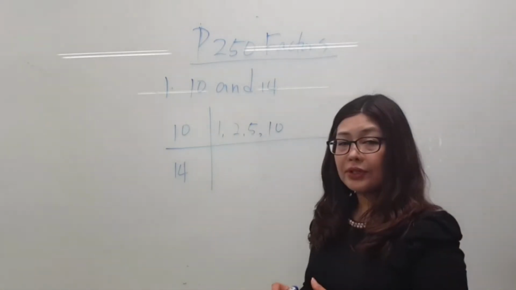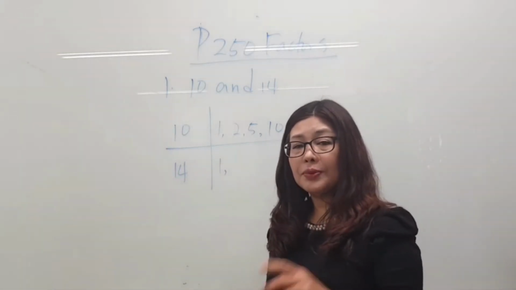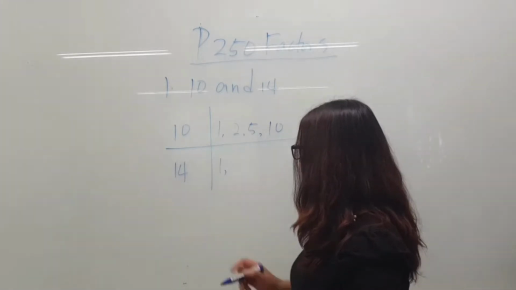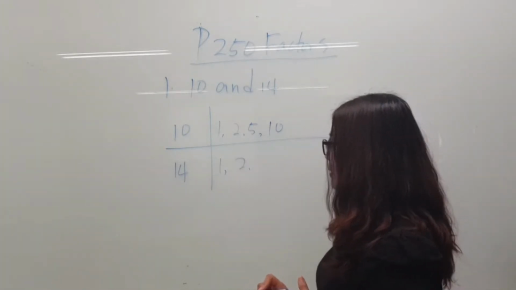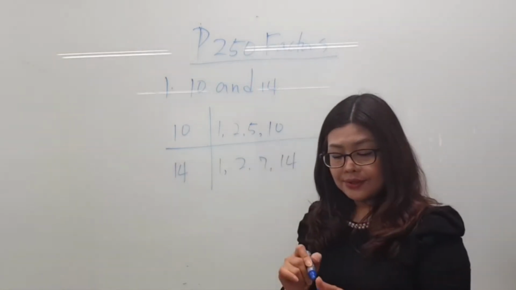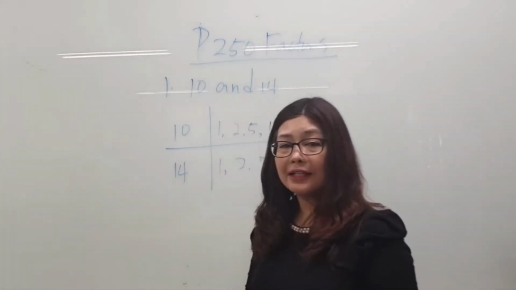Another number is 14. Again, think of numbers that when you multiply them, you get the product 14. So you have 1, 2, what else? To make 14, you have 7 and 14. This is how to make a list to get the factors.